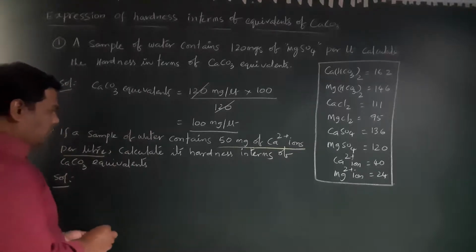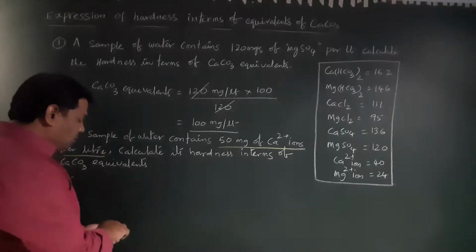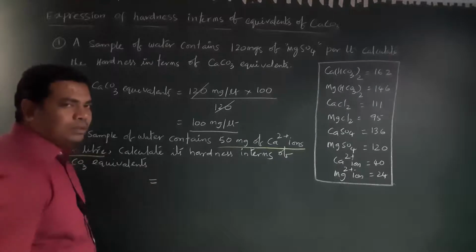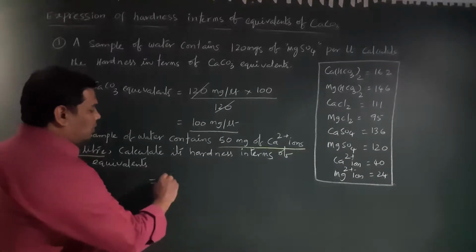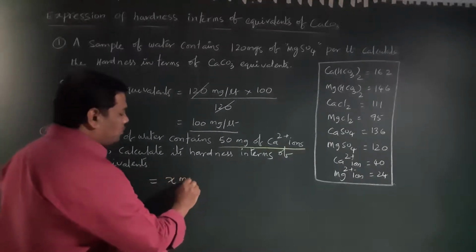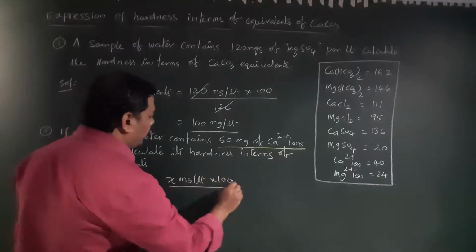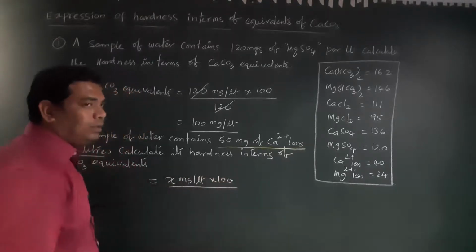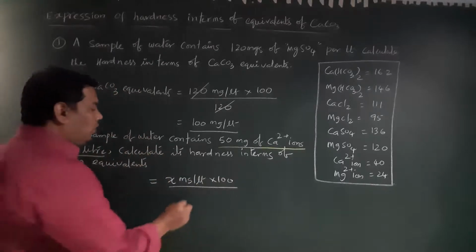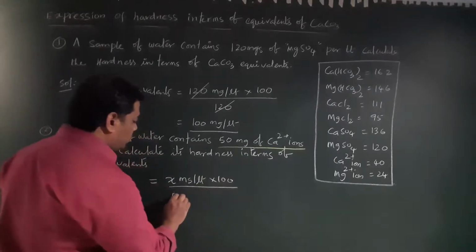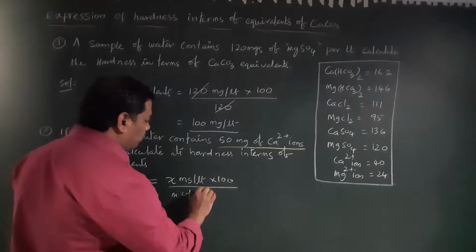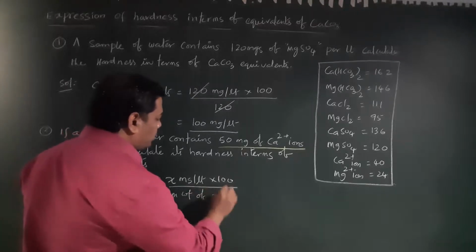Okay, clear student, right? So what is the formula students? So equivalence to CaCO3 is equal to X milligrams per liter into 100 divided by the molecular weight of the hardness producing salt. Okay, so please remember students, X is the amount of hardness producing salt.